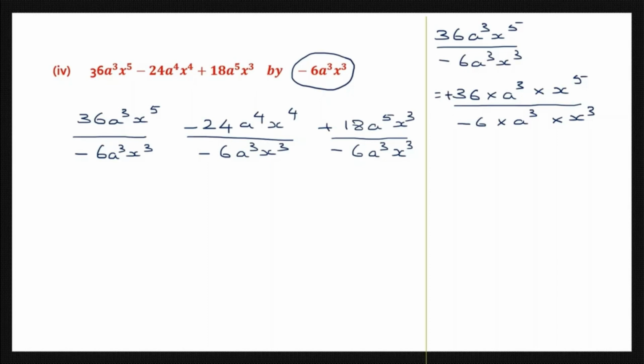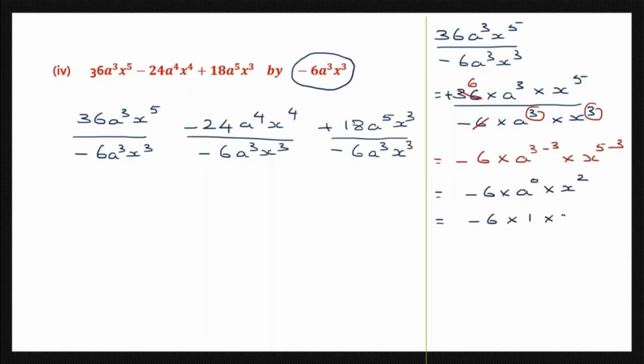Now minus into plus will become minus. 6 6s are 36, so that will be 6 into a to the power of 3 minus 3 into x to the power of 5 minus 3. So in the denominator we have only 1, so we'll leave that. So now it is 6 into a to the power of 0 into x to the power of 2, which is minus 6 into 1 into x to the power of 2, and we get minus 6x square. So that's the first thing we've got, minus 6x square.